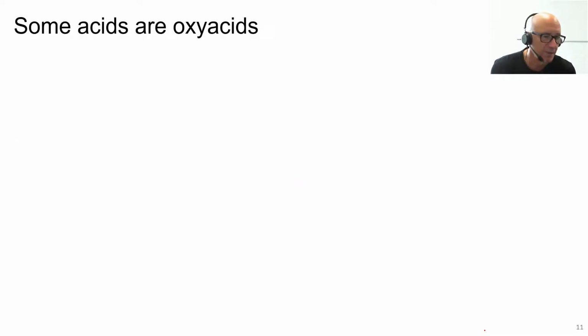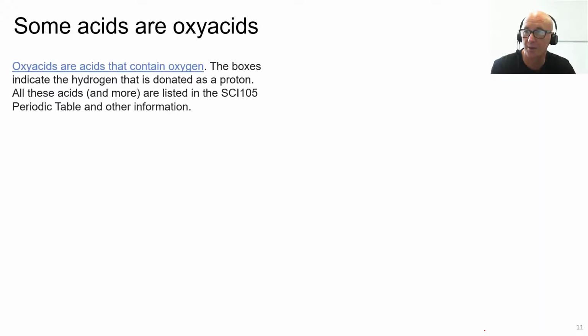Even though that's the case, that you have these binary acids, there is one other sort, and that's where we start thinking about polyatomic ions. So this other group of acids are called the oxyacids. Obviously, they're called oxyacids because they contain oxygen, but they still do the same thing that any other acid does, that is, they donate protons.